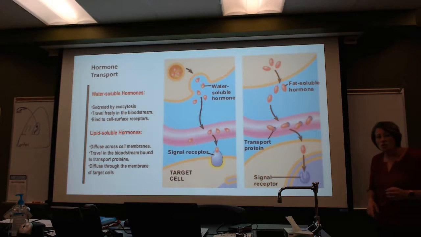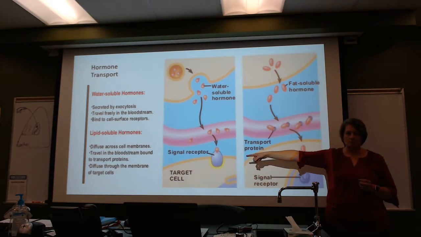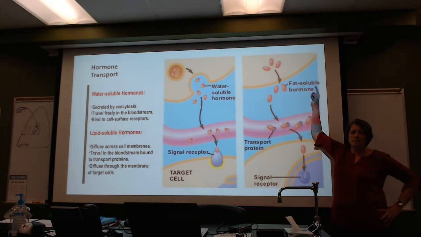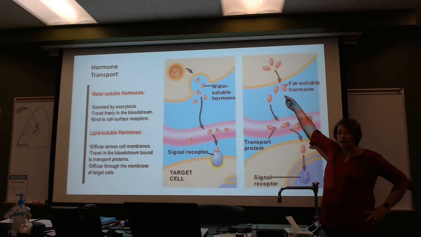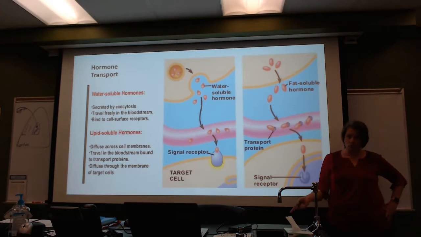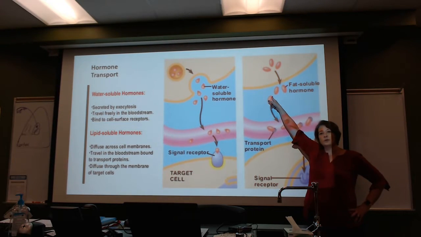If the hormone is lipid soluble, what do you remember about the plasma membrane? What's the makeup of the plasma membrane? Lipid bilayer. So therefore, if the product is lipid soluble, it can simply pass through the cell that made it.